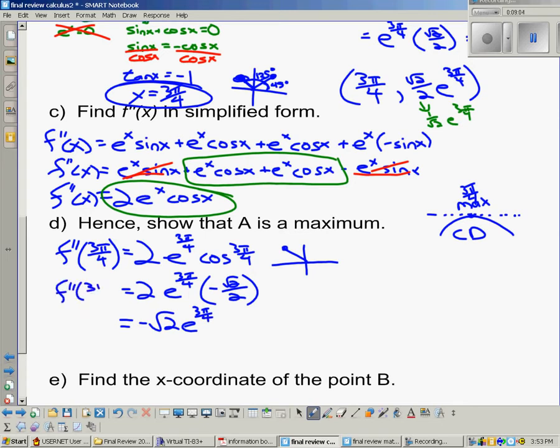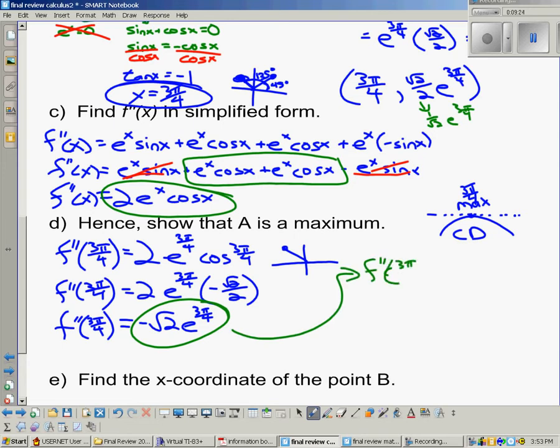What we've just shown here is that we get a negative result. Because e to the 3 pi over 4, even though it's not a pretty number necessarily, is definitely positive. So the whole expression here is negative.